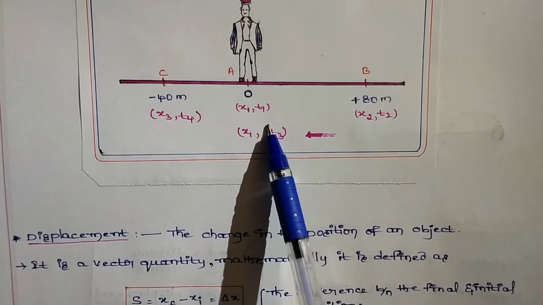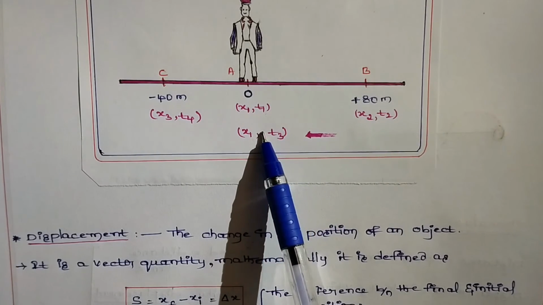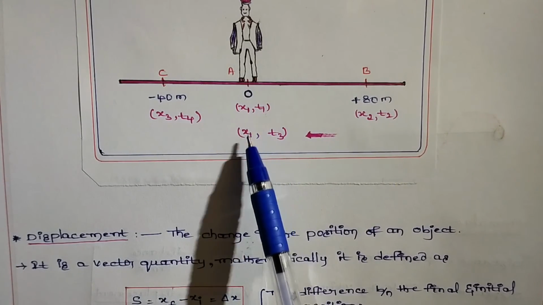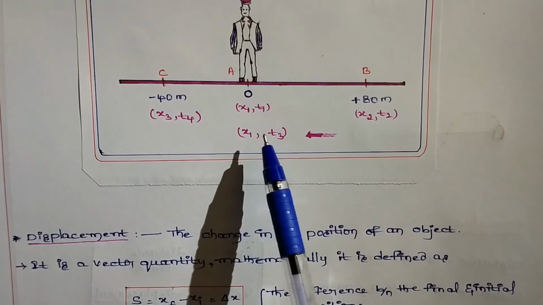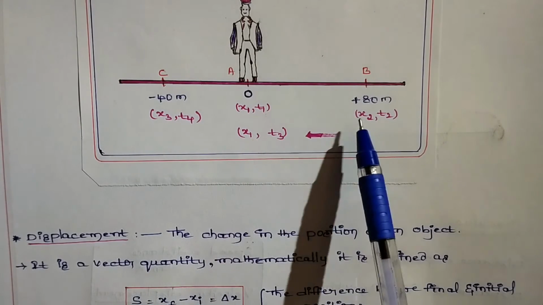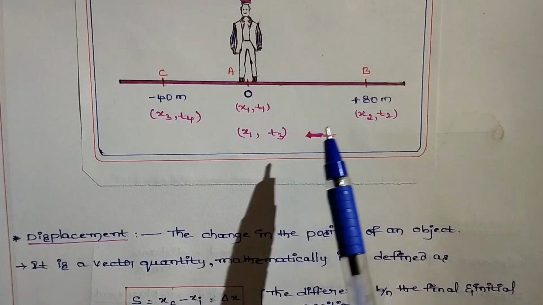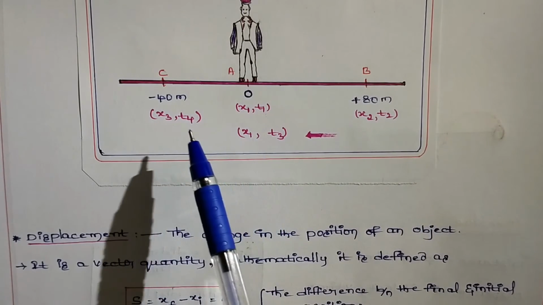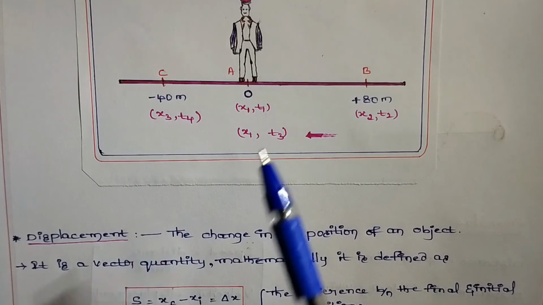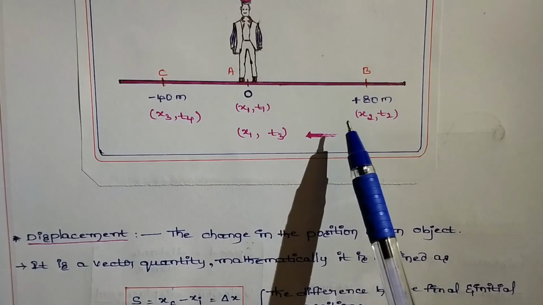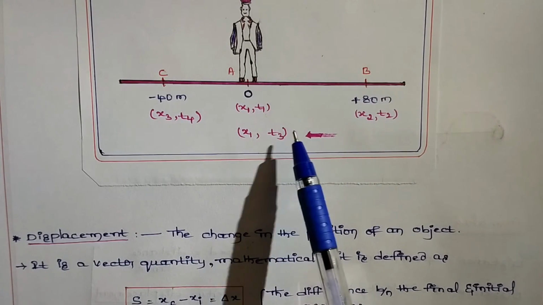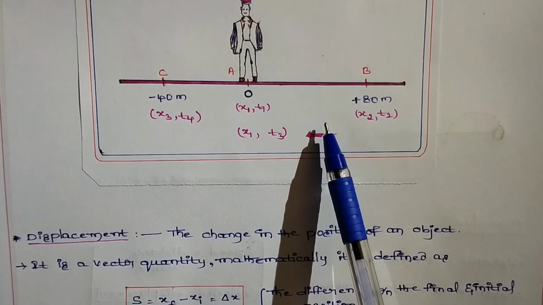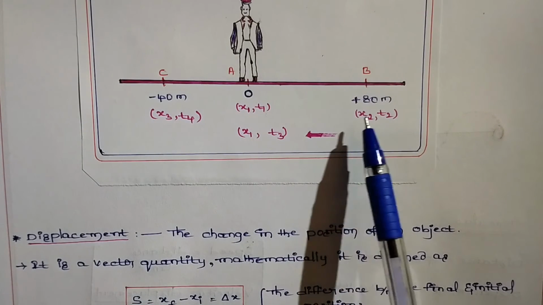From B to A, the change in position is x1 minus x2, because from B to A, this part is final and this part is initial. So we are taking x1 minus x2, and his position changes from x2 to x1. Delta x is equal to x1 minus x2.